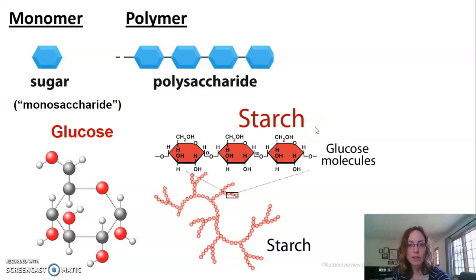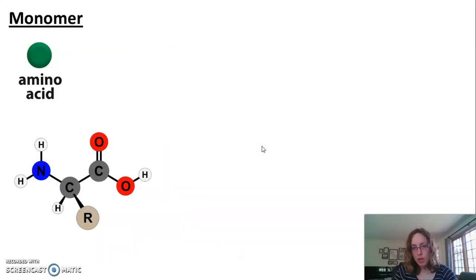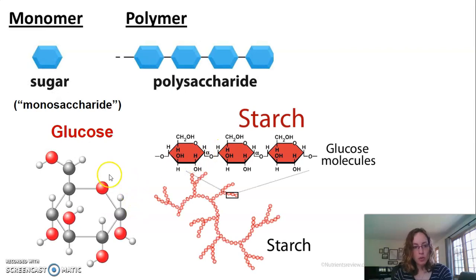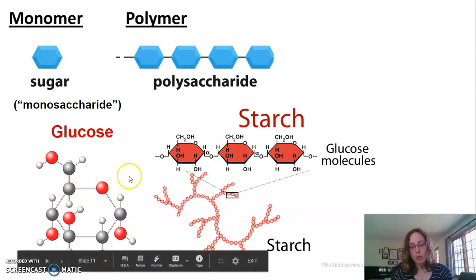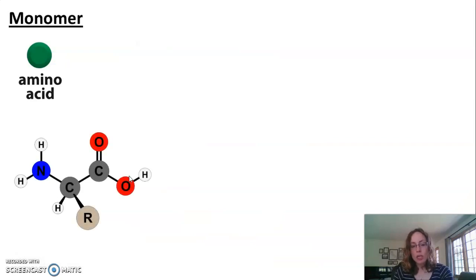So that's carbohydrates. Moving on, let's look at amino acids. Amino acids are another type of monomer. Remember, monomers are small molecules, just like how glucose here has about 24 atoms in it. Amino acids are also pretty small. You'll notice some functional groups in this molecule. There's the amine group.